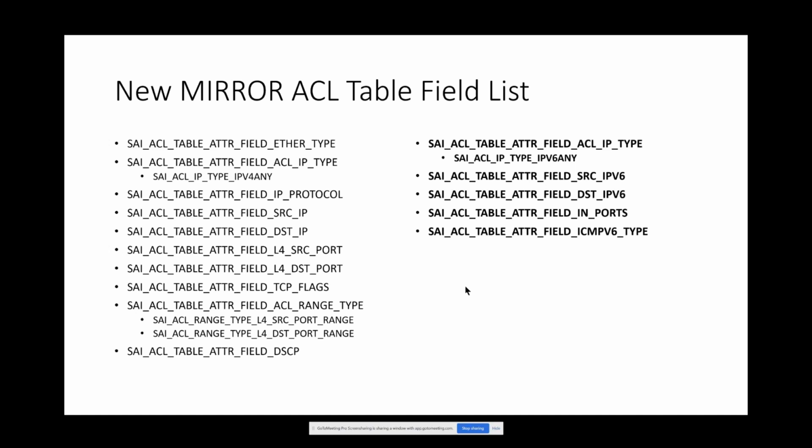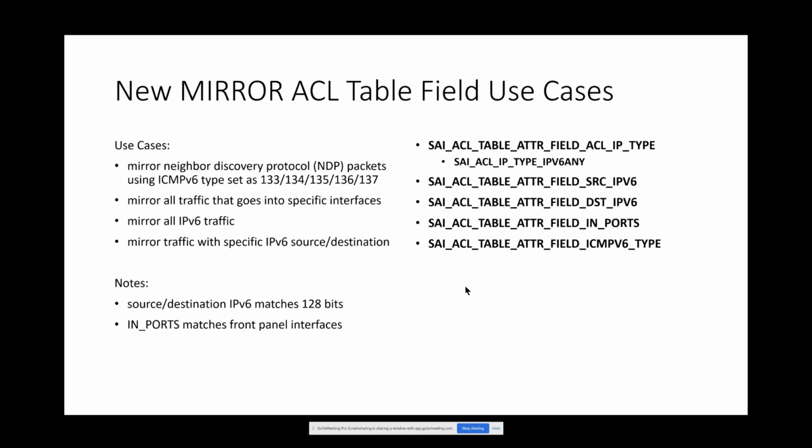I will talk a little bit about the use cases here. The first use case is to mirror neighbor discovery protocol (NDP) packets using the ICMPv6 type set as 133, 134, 135, 136, and 137, so that besides mirroring ARP packets, we can also mirror the IPv6 NDP packets.